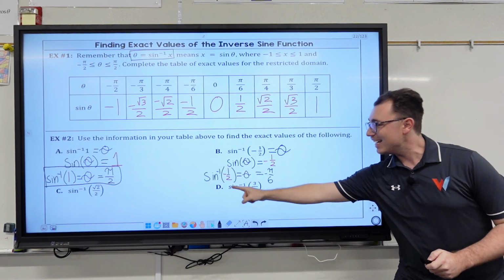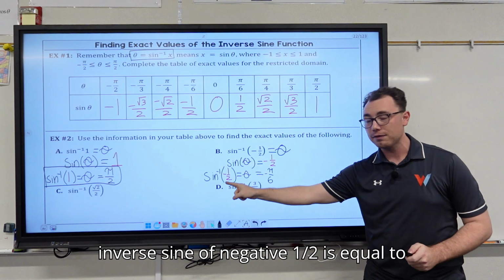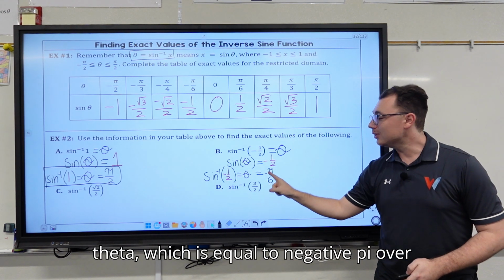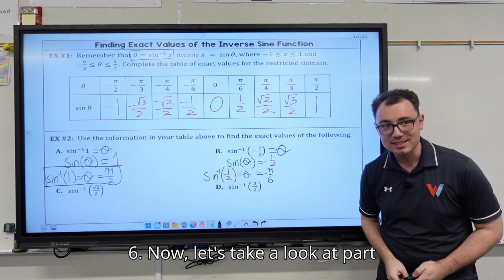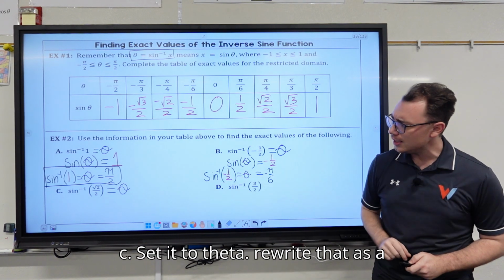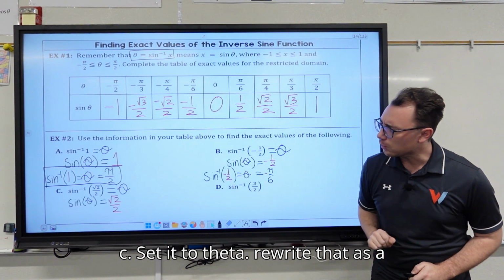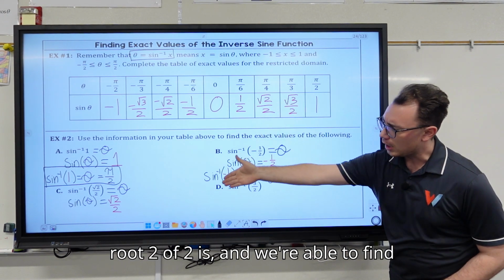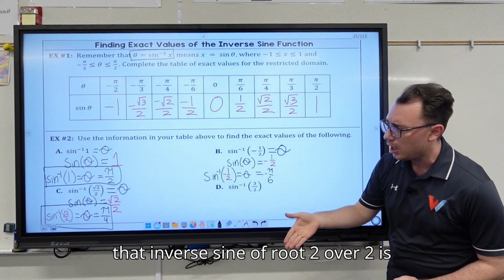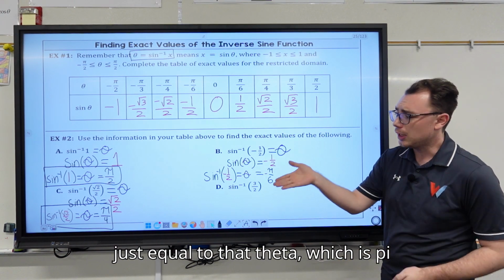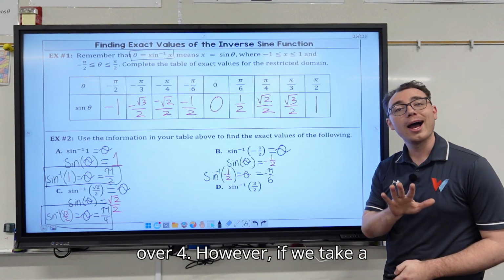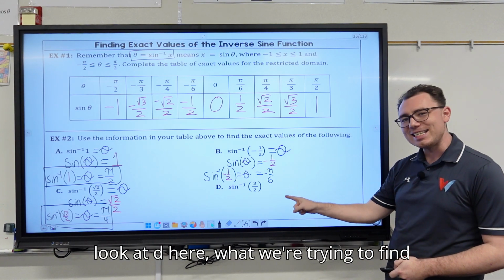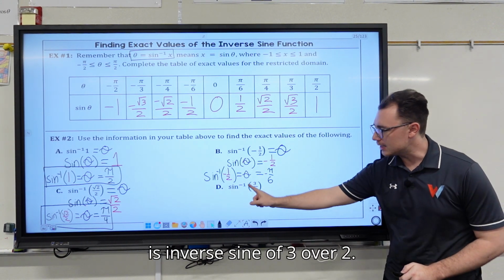So we can state that inverse sine of negative 1/2 is equal to theta, which is equal to negative pi over 6. Now, let's take a look at part C. Set theta, rewrite that as a sine function, identify where that square root 2 over 2 is, and we're able to then find that inverse sine of root 2 over 2 is just equal to that theta, which is pi over 4.